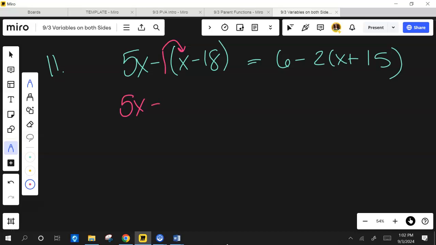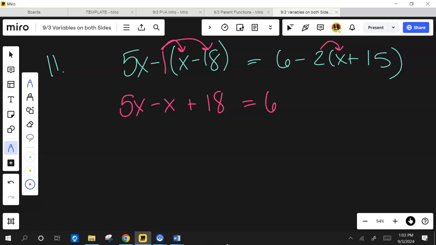Negative what? Negative x. Now when I distribute, that's exactly right. It's going to be plus 18 because I've got a negative times another negative, right? Which is going to give me a positive. All right, look at the other side. 6. Now when I distribute here, negative 2x.